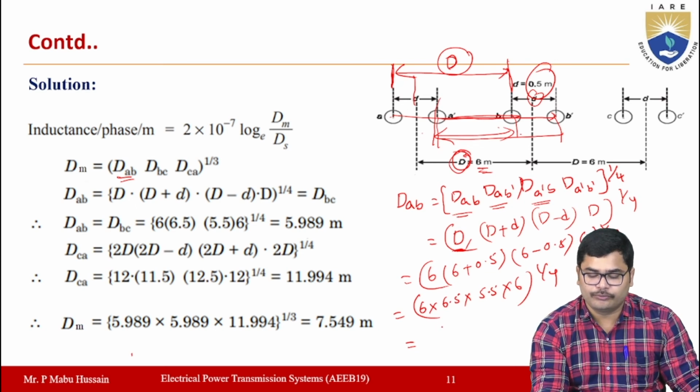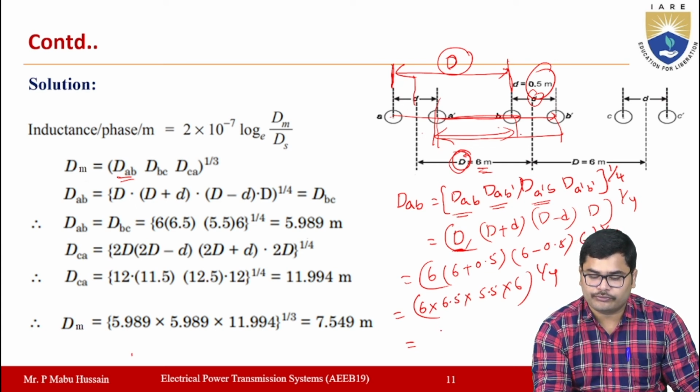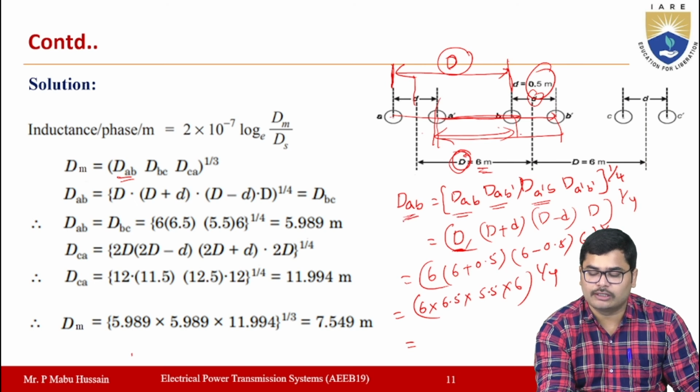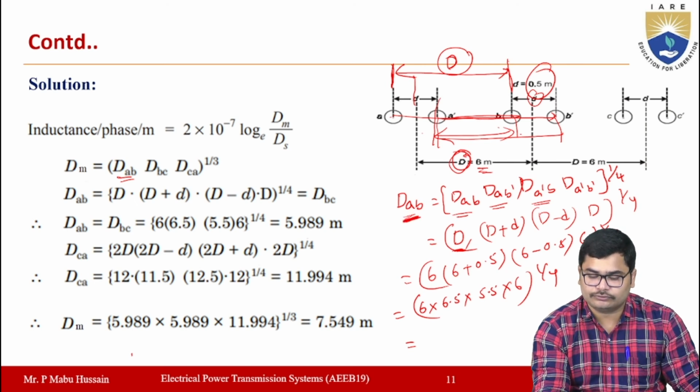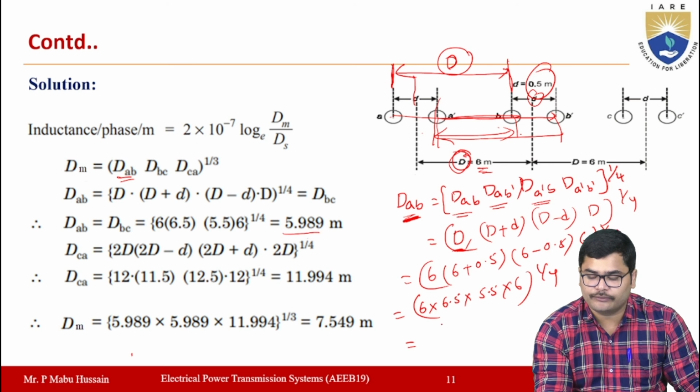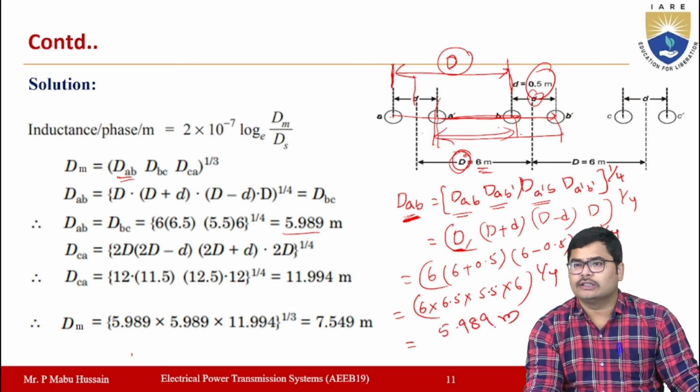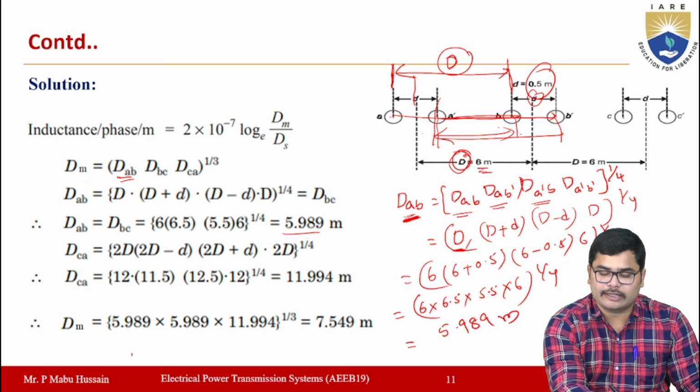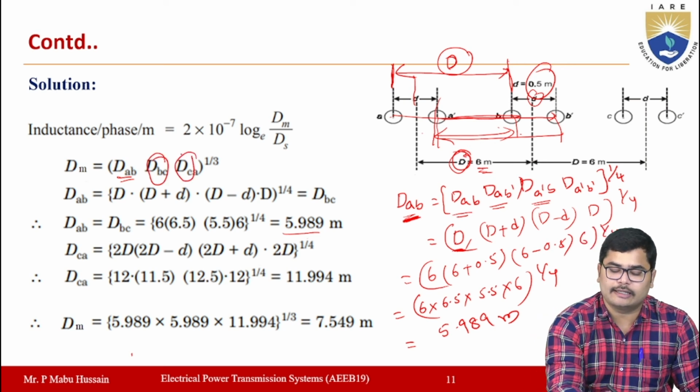Now if you calculate this value, DAB, which is nothing but the mutual GMD, will be 5.989 meters. Now in a similar way you have to calculate DBC and DCA also.